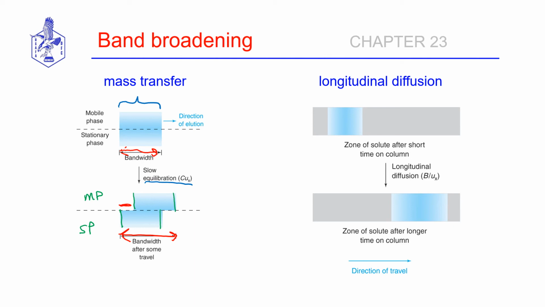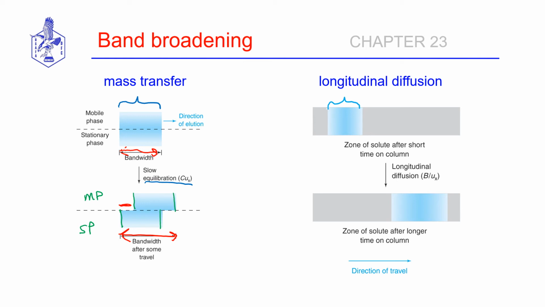The impact from longitudinal diffusion, so if we are at an earlier point in time, this is the width of our band right here.